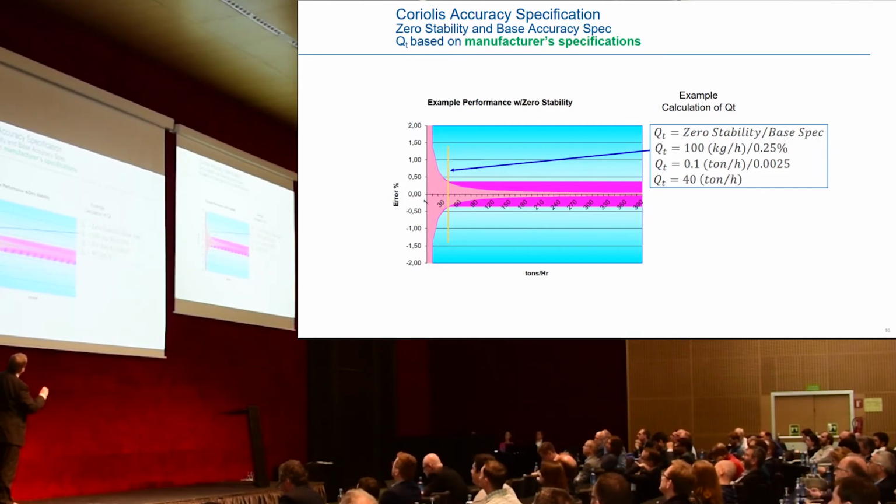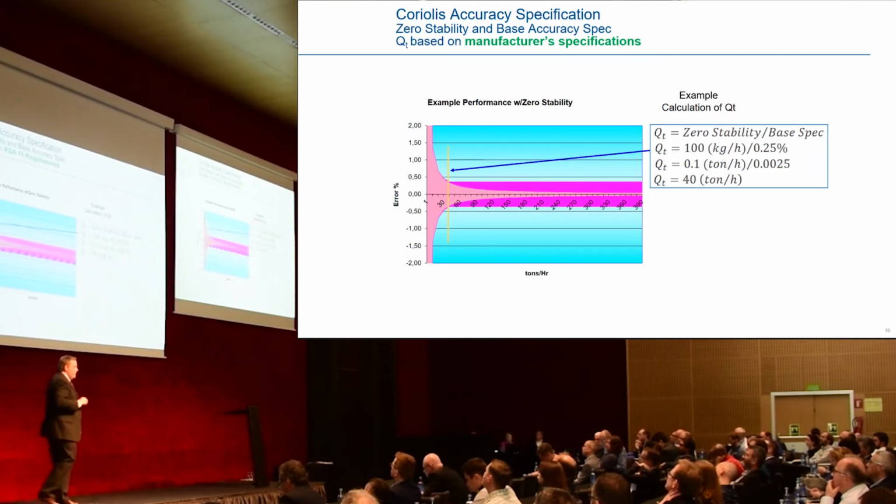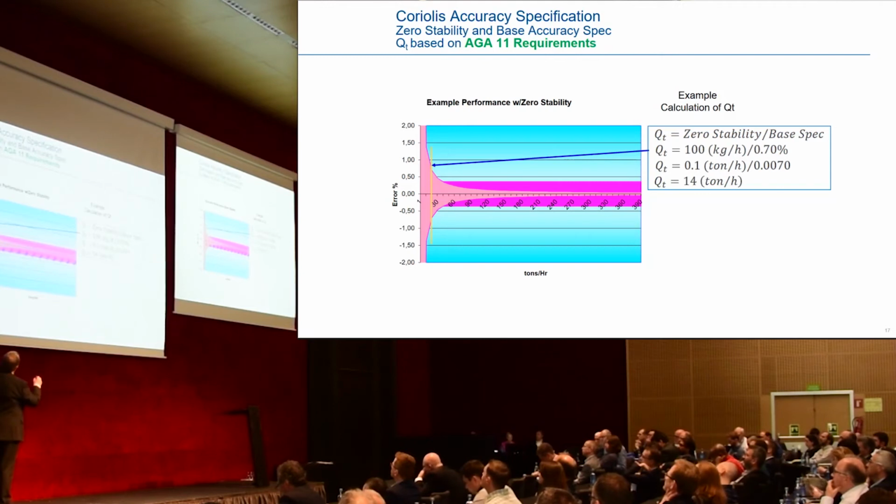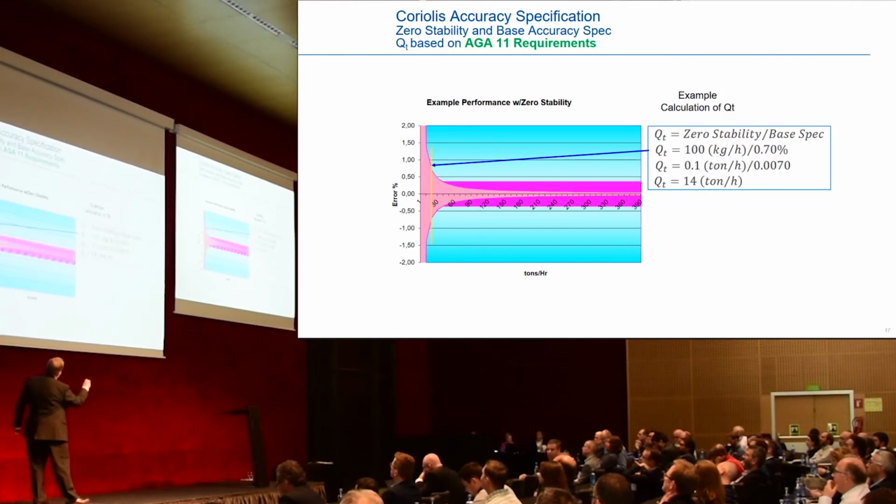That would mean that QT, the transition flow rate, where you cross this line, is at 40 tons per hour. However, if you wanted to have a greater extended range, you could consider QT to be defined by the point where this continuous zero stability curve actually goes outside the minimum allowable variation that AGA 11 states, plus or minus 0.7, in which case you've gotten QT down as low as 14 tons per hour with the same exact specs.